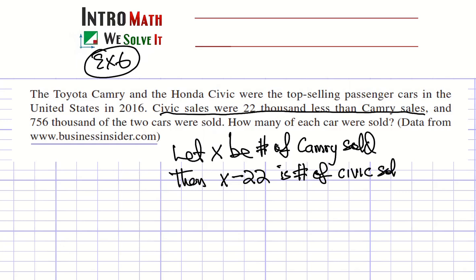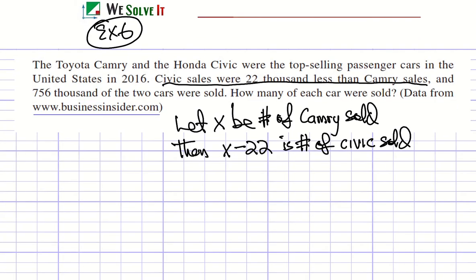Okay. All right. So, having said that, the equation is right there, because the total is 756. We'll say x plus x minus 22 is equal to 756.